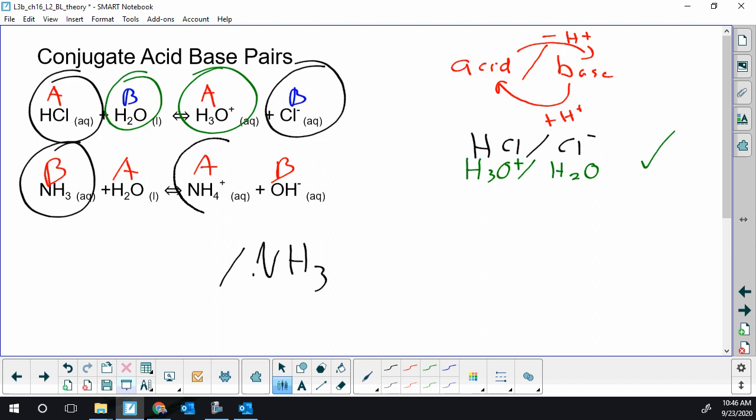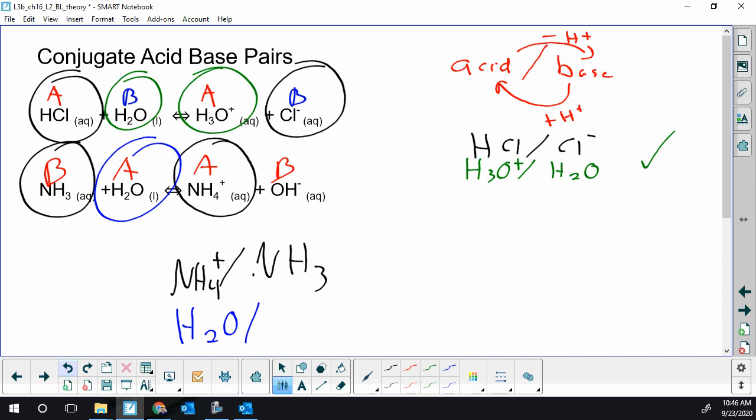Well, that's the piece with the N that has an extra H. Instead of 3 H's, it's got 4. Again, you're always upping the charge 1 for the acid compared to the base. Our other conjugate, we got acid as a water. And our conjugate is take away an H+, we get hydroxide as our product.